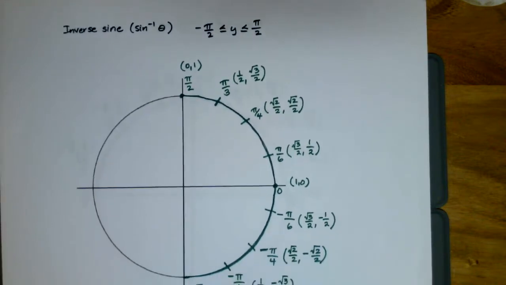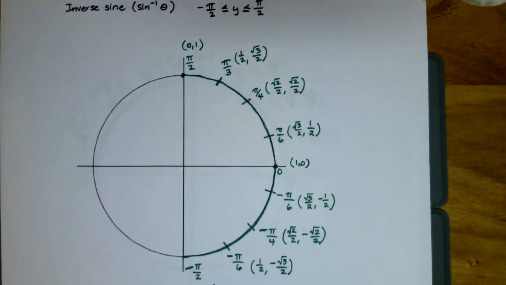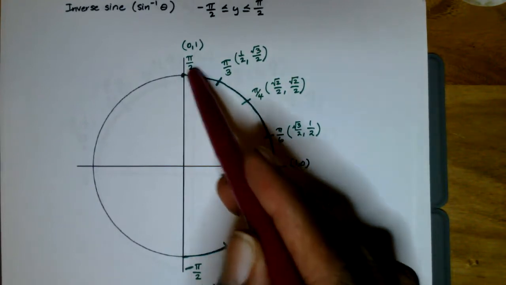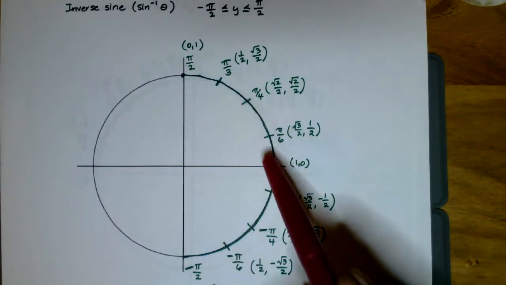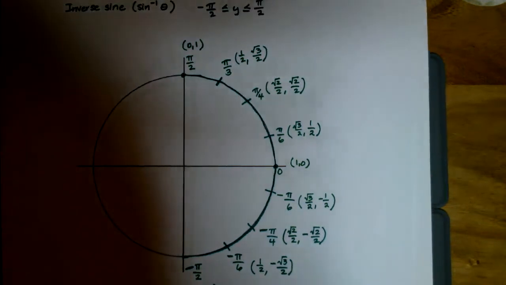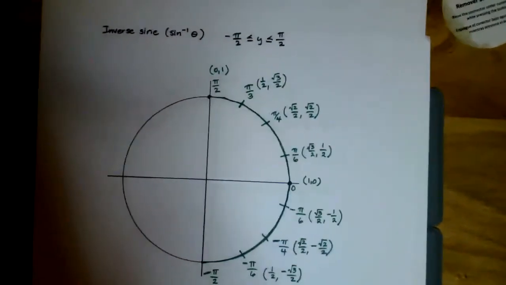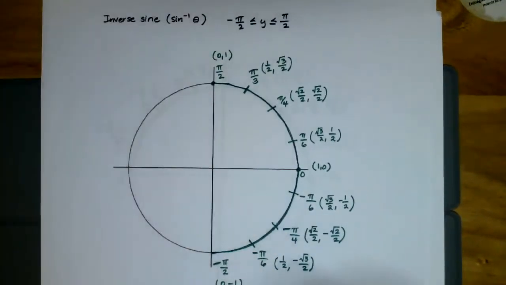For the inverse sine, this is between negative pi halves and pi over 2. That's the restriction right here. Notice I do have the ordered pairs at each one of those. So let me zoom out so you can see these.